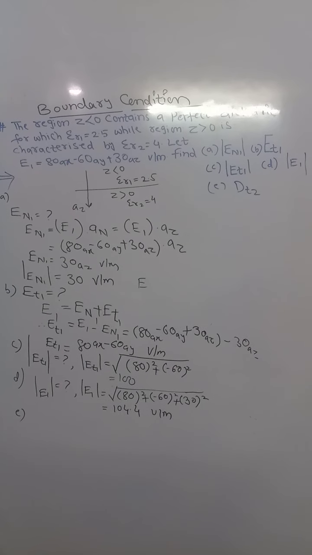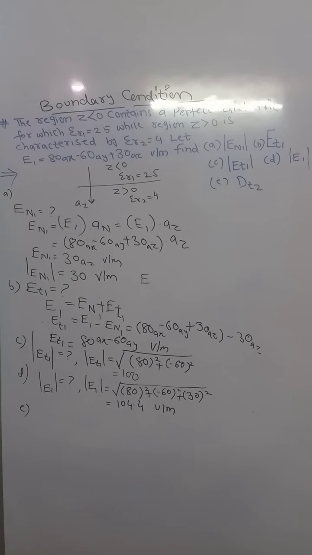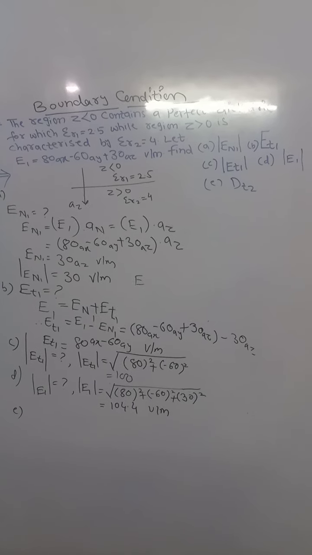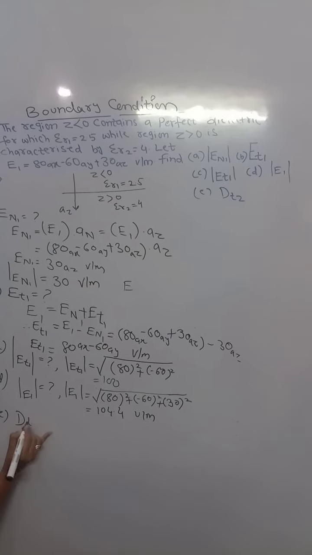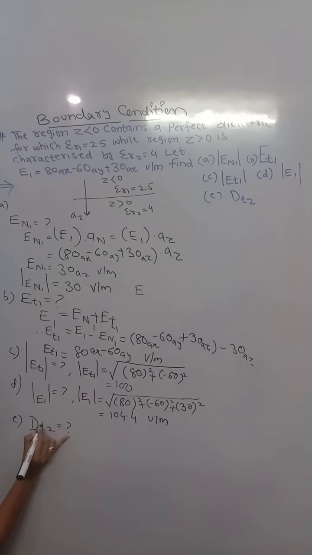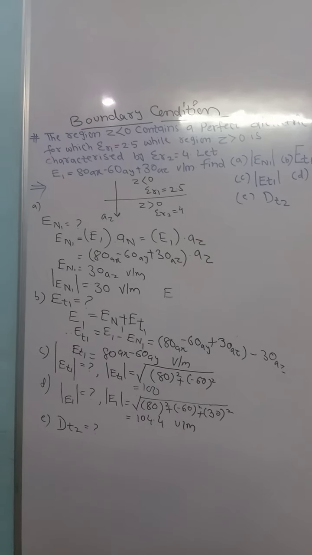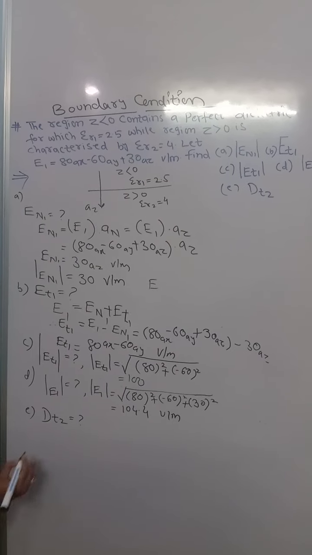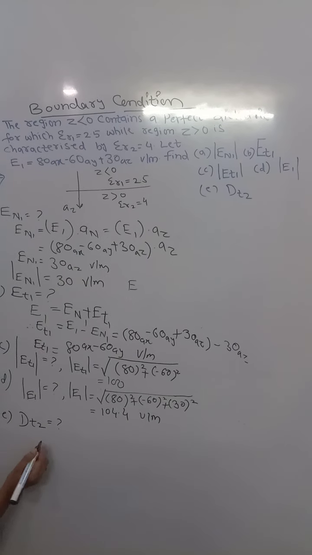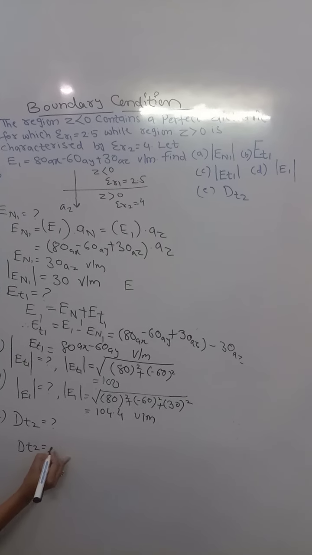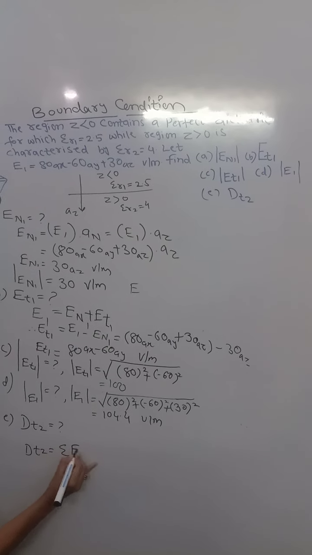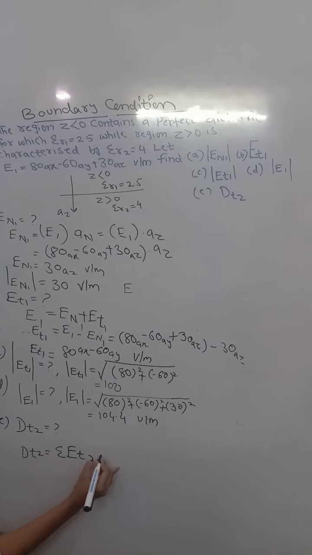Now the D part is over. The last part is DT2. What is my DT2? This is the electric flux density, and we know very well that DT2 is equal to epsilon ET2.